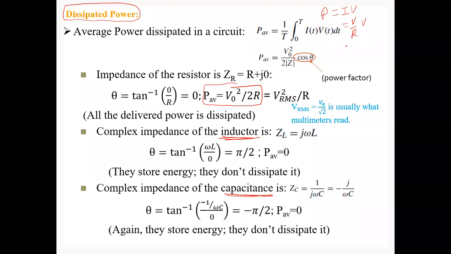Then V squared over R. Remember, this is the power. But here, what did you get? In the case of DC, you have this. In the case of AC, you got V0 squared over 2R, not R. Do you see that? In the case of AC, you got V0 squared over 2R instead of V0 squared over R.